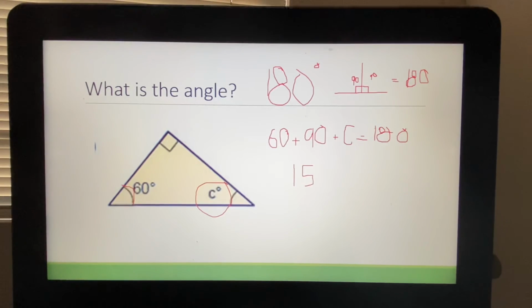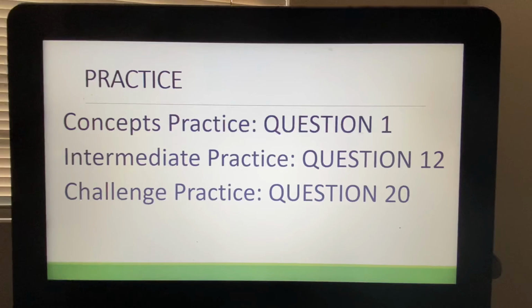We add 150 plus C equals 180. Subtract 150 from 180. And yes, you must show all your work. 30. So C equals 30. And what is that angle in terms of right, acute, and obtuse? It is acute. Excellent, excellent.